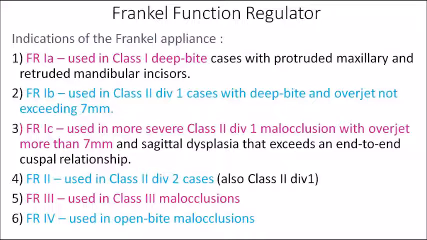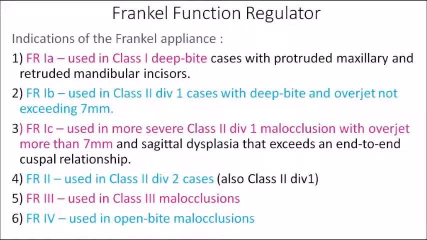Now FR4 is used in open bite malocclusions. And finally, your Frankel's regulator type 5 is a modification of the conventional Frankel when it is incorporated with a headgear. So your functional regulator along with your headgear is what the functional regulator type 5, that is FR5, is.